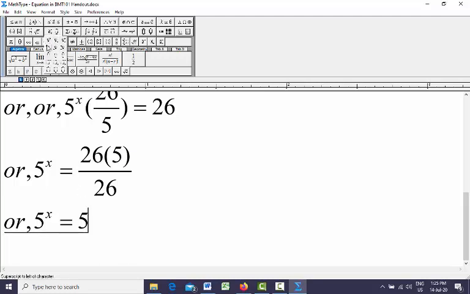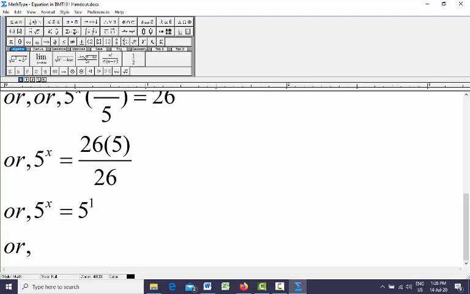So that means there is no power written, but actually there is a power. The power is 1, because when we have power 1, you don't have to write it. So now you can see on the left hand side you have base 5, and on the right hand side also you have base 5.